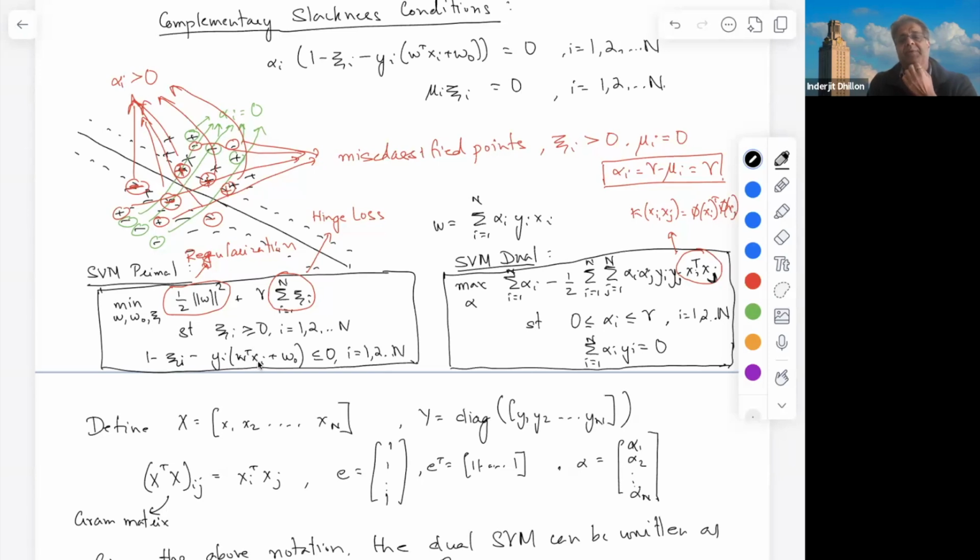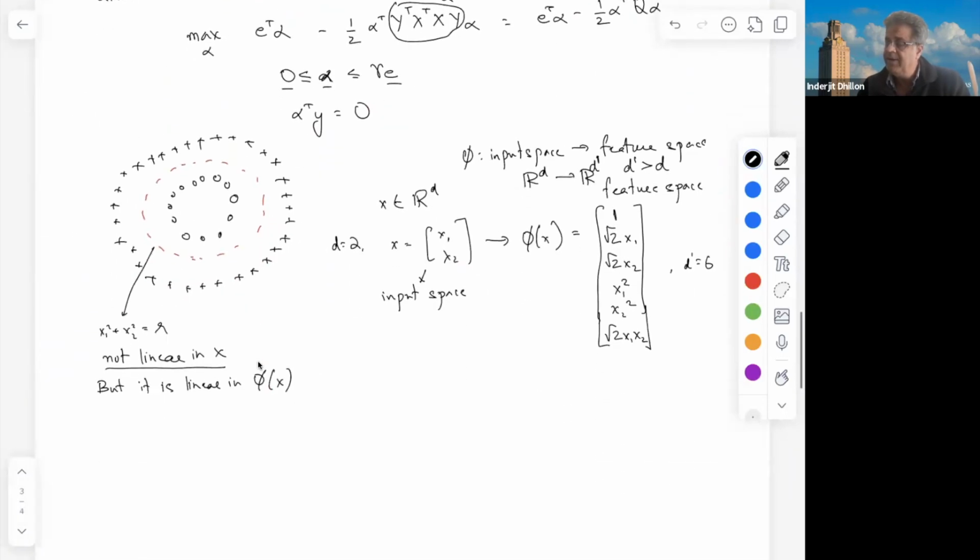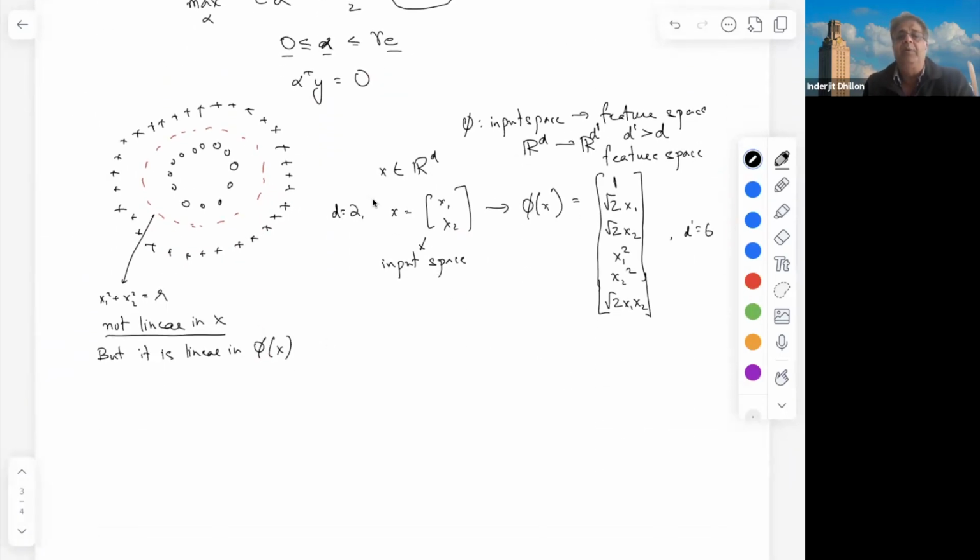But the problem is you've taken a 2-dimensional feature space and blown it up, made it much bigger, right? How many features are there in the construction that I have? Here I went from d equal to 2 to d prime equal to 6. I'm basically taking every possible combination, so you would go from d to d square.